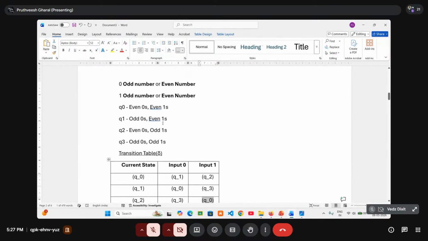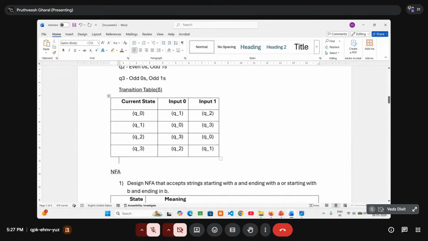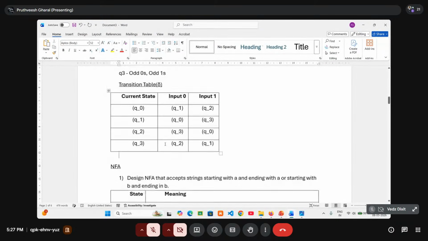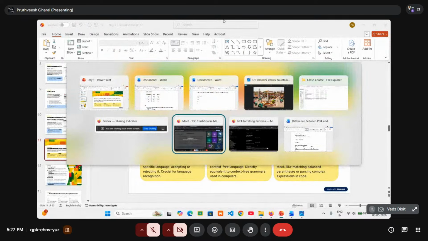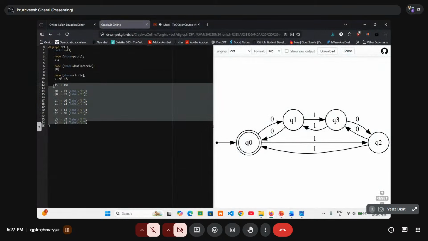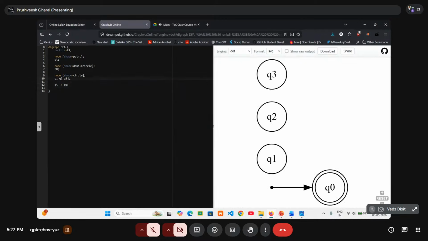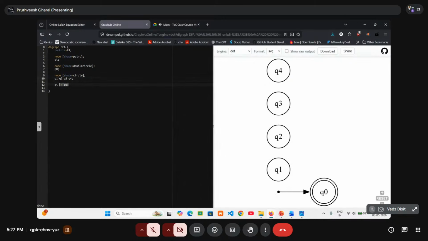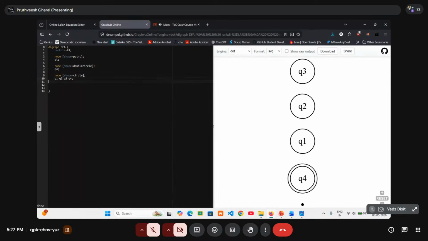What are the four states we have defined here? Now based on this, we have to draw the transition diagram, and it is quite simple to draw. So let's remove this and define four states here.